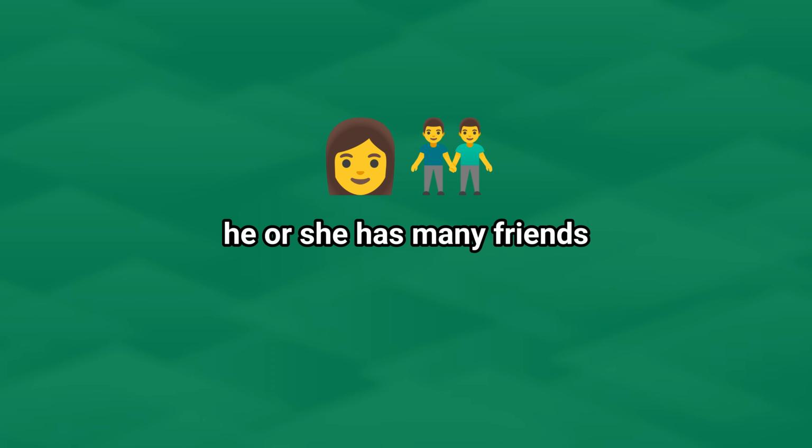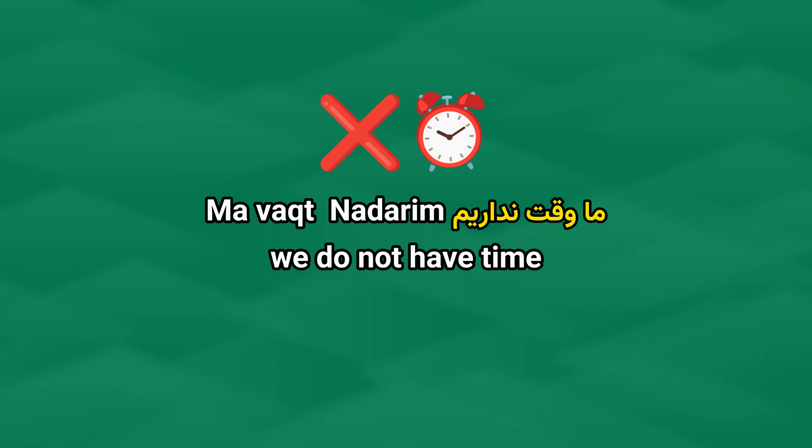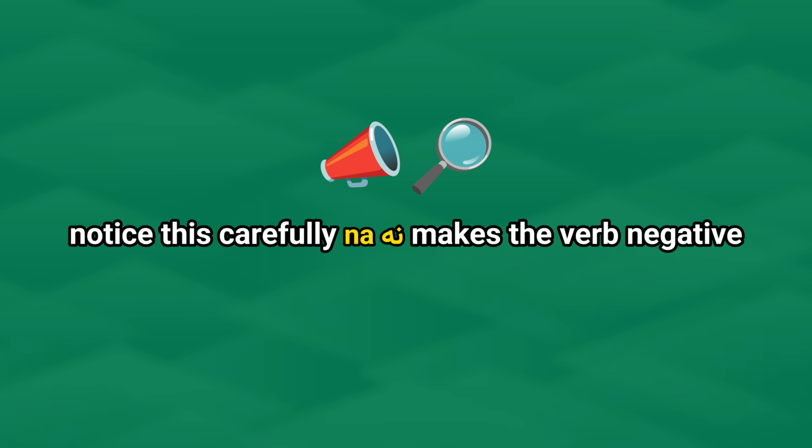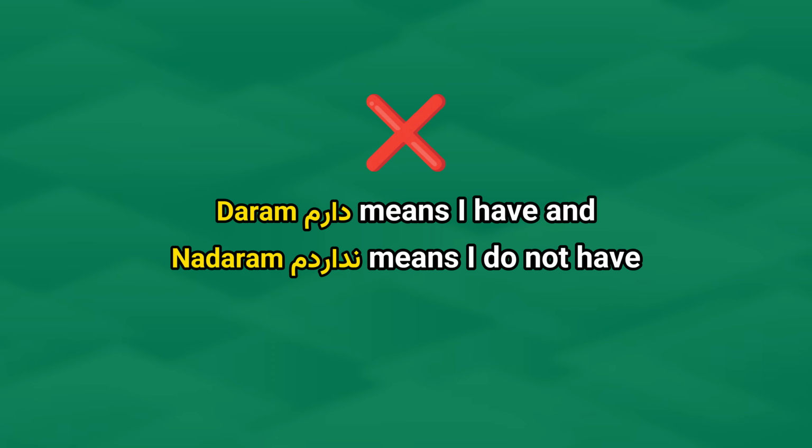He or she has many friends. ما وقت نداریم. We do not have time. Notice this carefully. نه makes the verb negative. دارم means I have, and ندارم means I do not have.